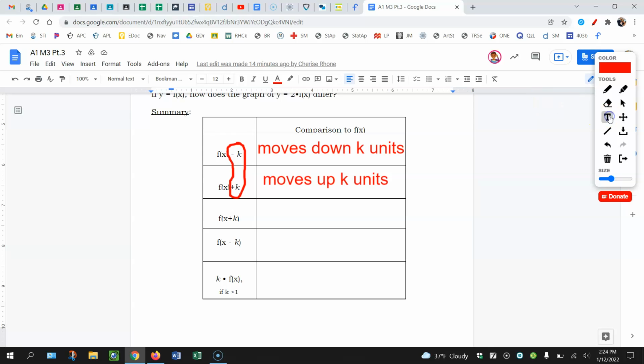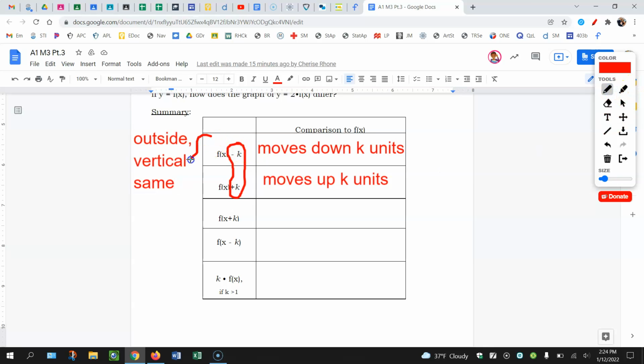All right, let me try this, just inside here. If the number is outside of the function, it's going to be a vertical shift, and it's going to be the same. What do I mean by that? So this is outside, vertical, same.